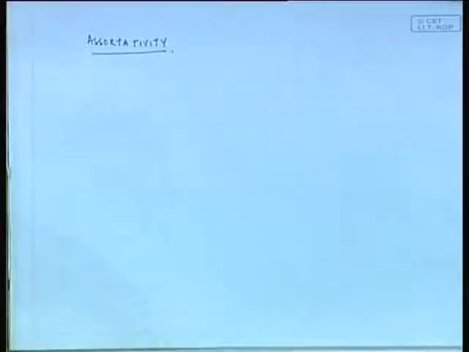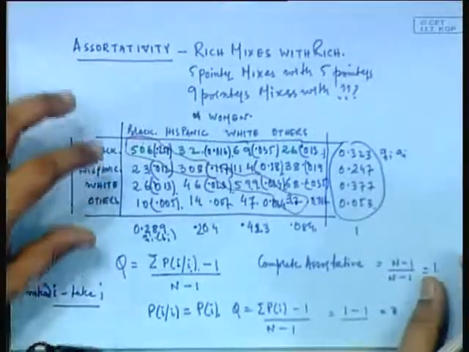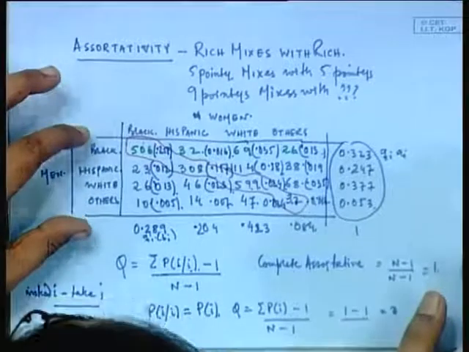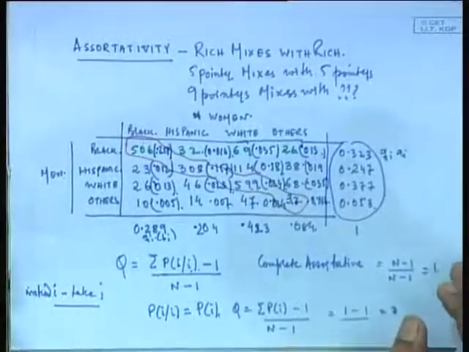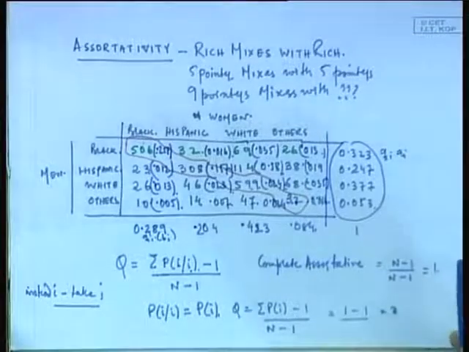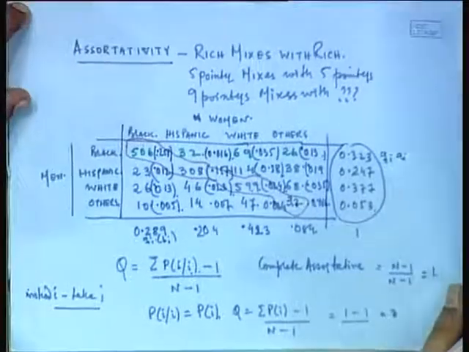Clear? So now let us think whether the information present in this matrix is enough, or we need some further information. We will try to find out step by step.